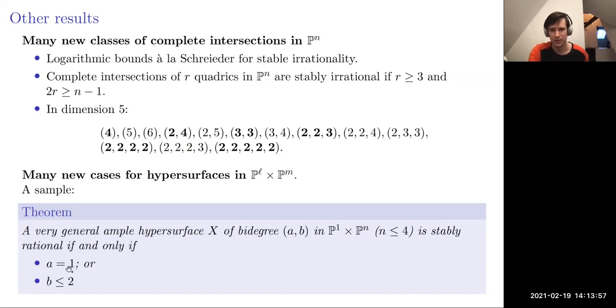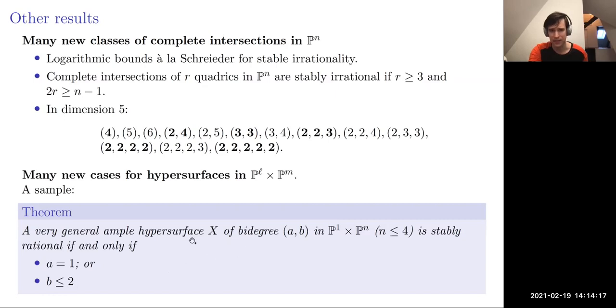And the theorem is now that such a hypersurface in P^1 × P^n is stably rational if and only if, well, a is 1. In that case, the hypersurface is birational to P^n via the second projection. Or b is at most 2.